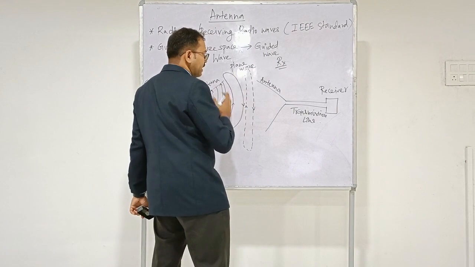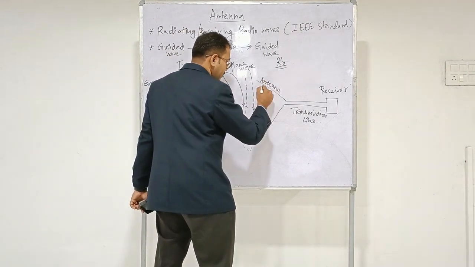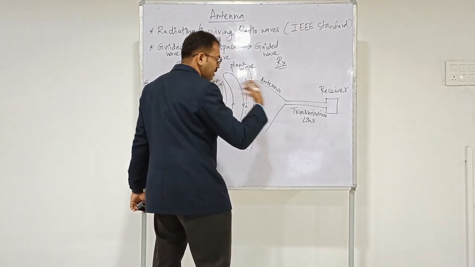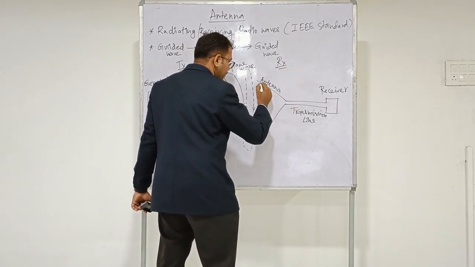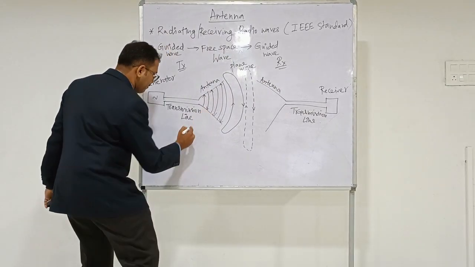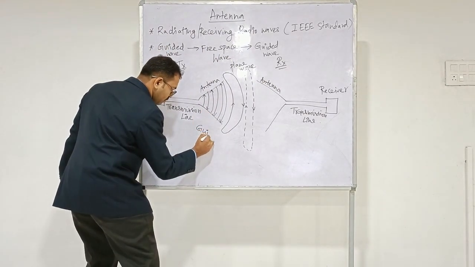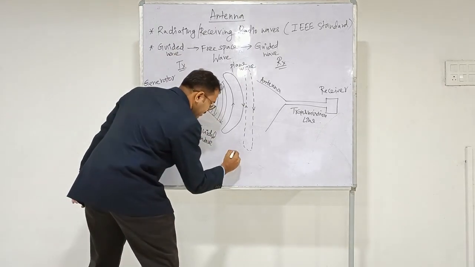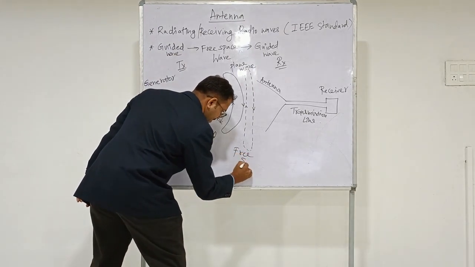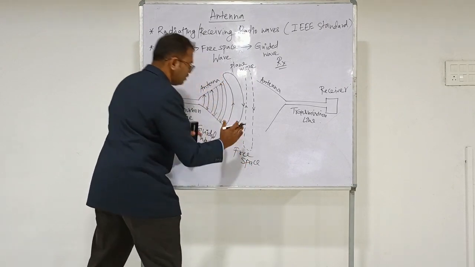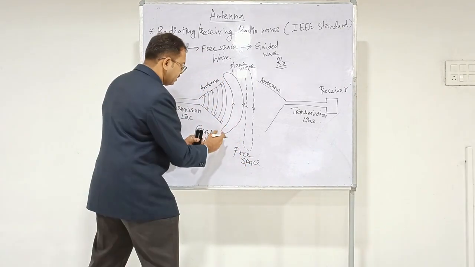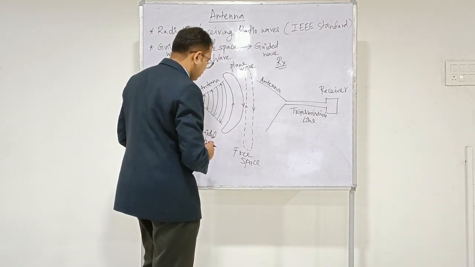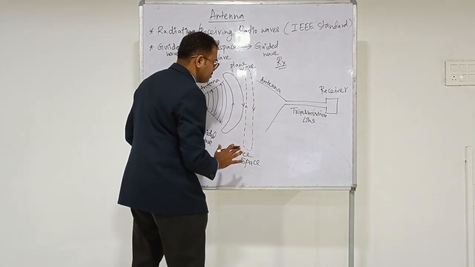This results in excitation of your receiving antenna. During the illumination of your receiving antenna, the free space wave gets converted into a guided wave. With respect to distance, this free space wave will expand and become a plane wave.